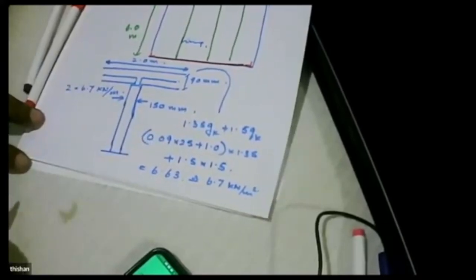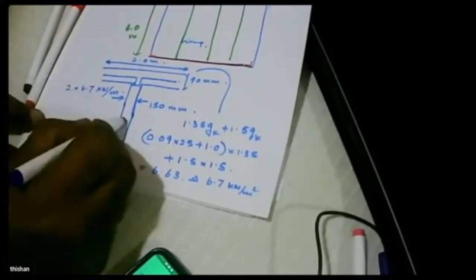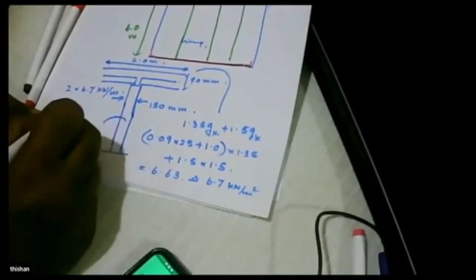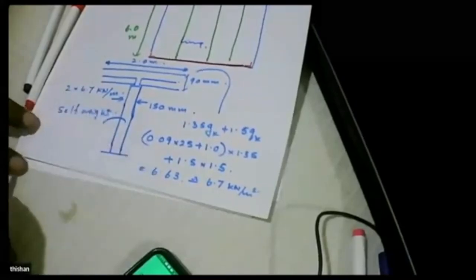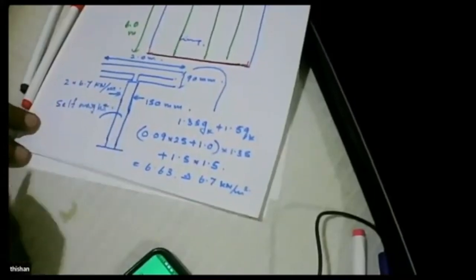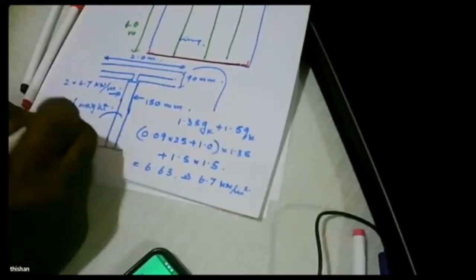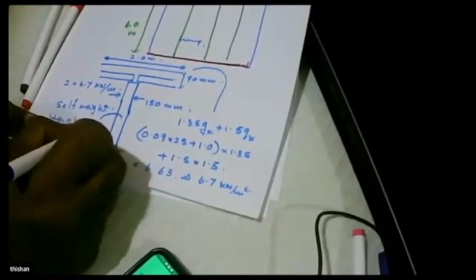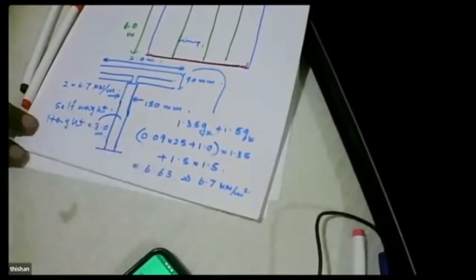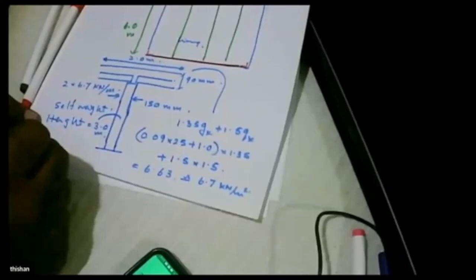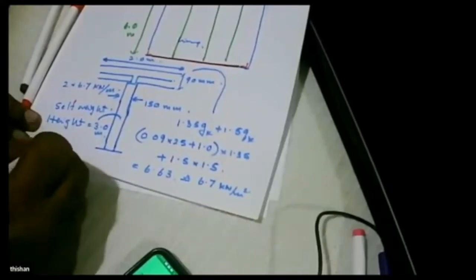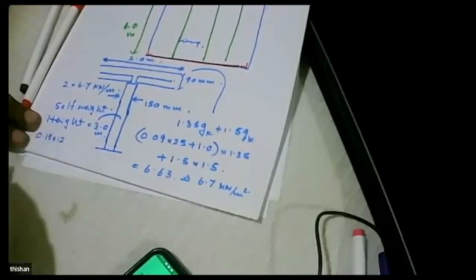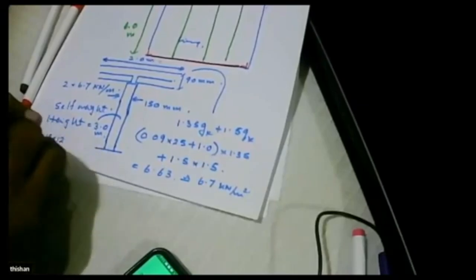Now, in addition to that, we have to consider the self weight of the material. For the self weight of the wall, I'll consider that this wall has a height of 3 meters. So the self weight of the wall will be 0.15 into 12. The density of hollow blocks is 12 kilonewtons per meter cube.